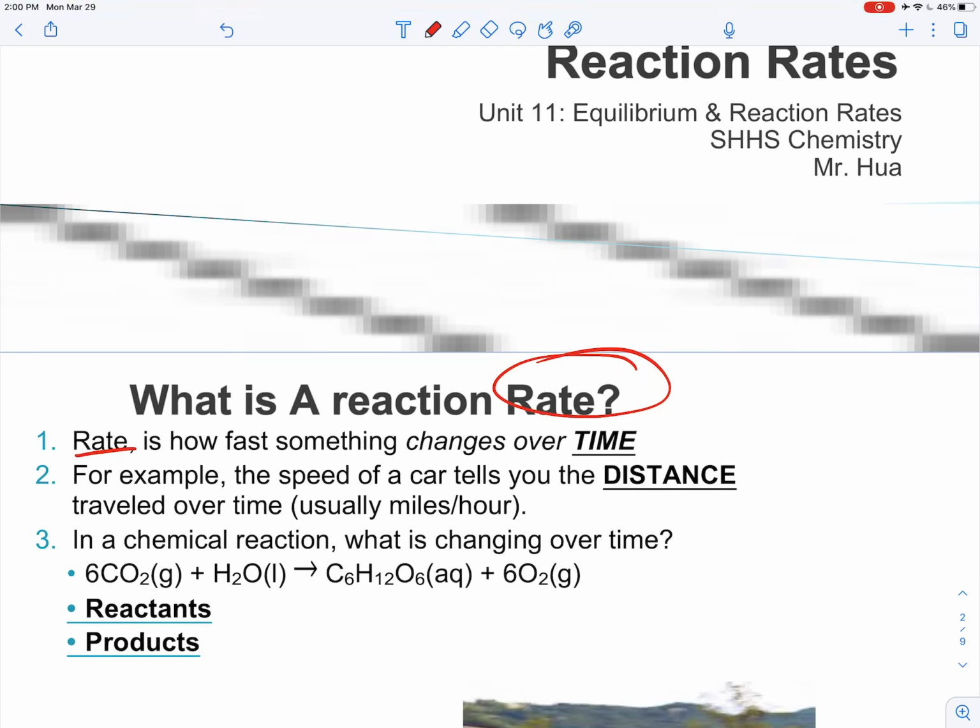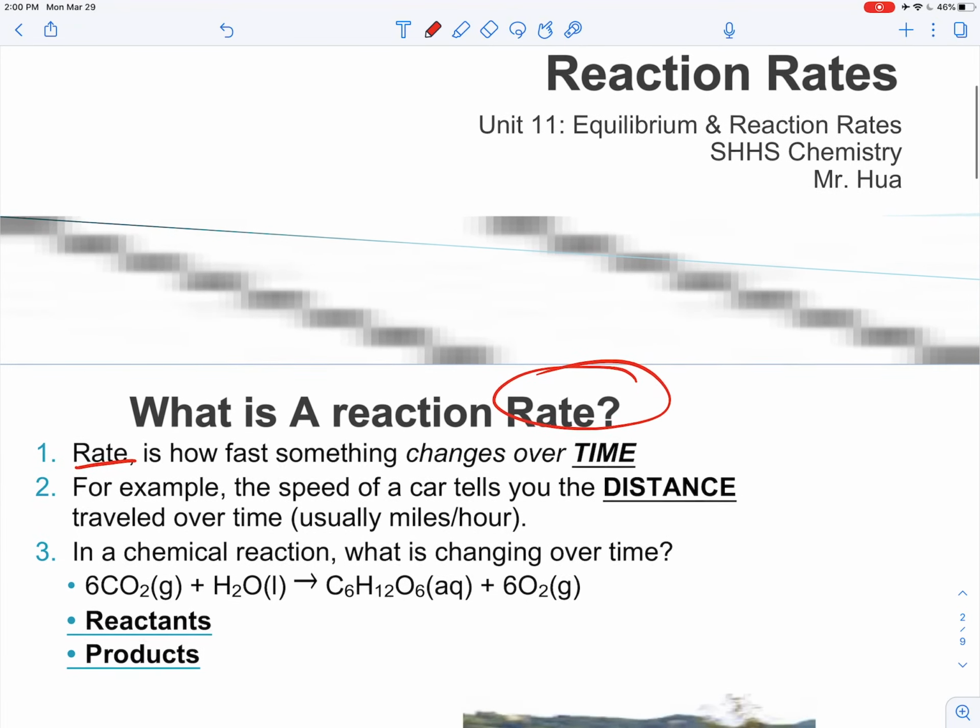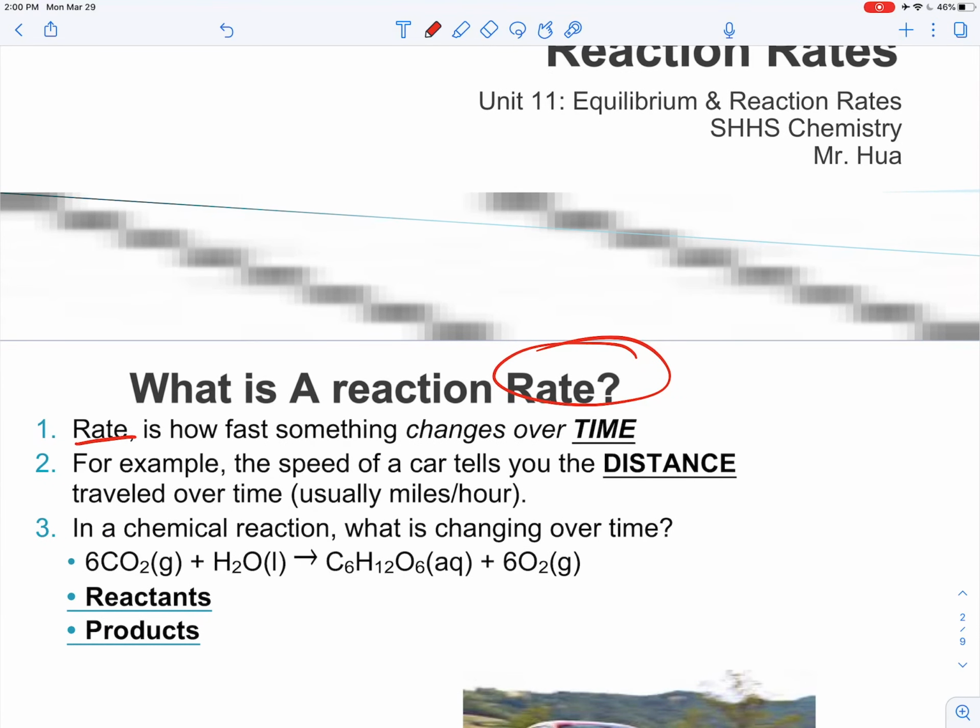Maybe you do 2 assignments per night or 3 assignments per hour, right? You might think of the rate at which you eat. Maybe you have 1 meal per hour. Okay, so rate is just anything that changes over a period of time.